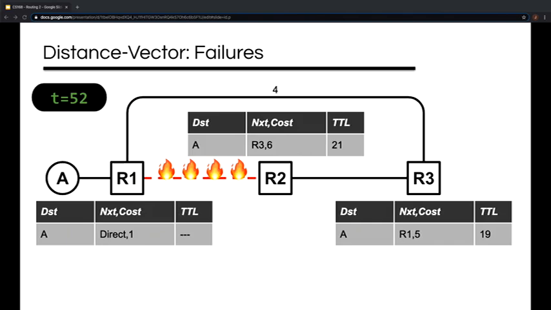If one of the routers messes up with the TTL, doesn't that kind of break? Let's say R3 is taken over. Does it kind of break? Well, the TTL is set by the receiving router, right? So when it gets one, it sets it to 21.